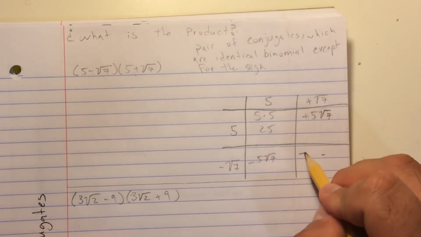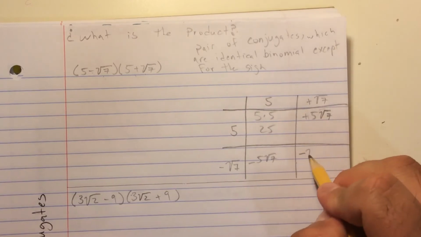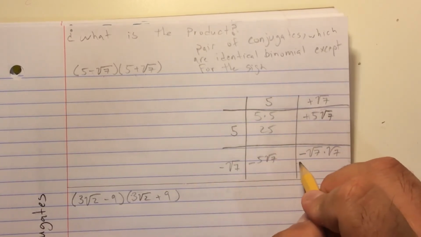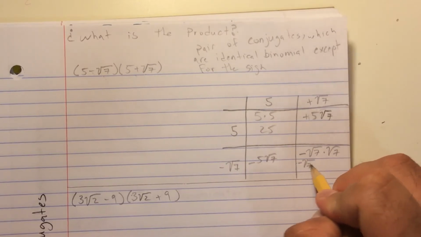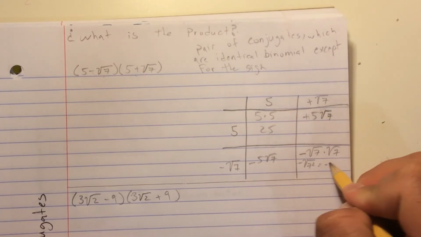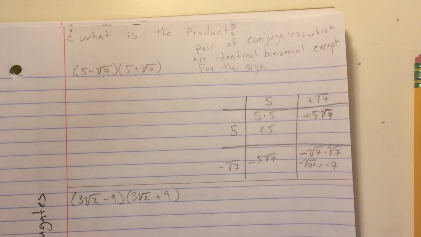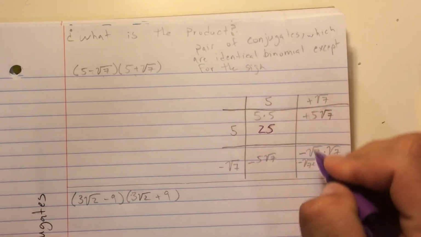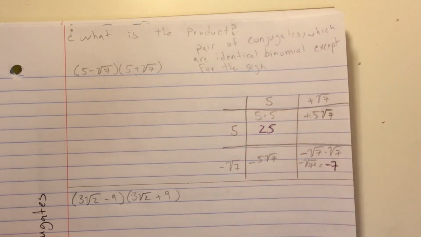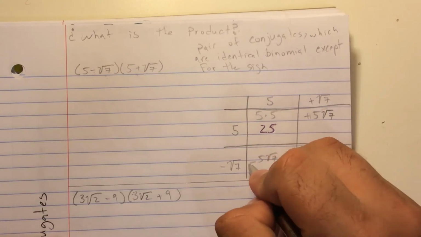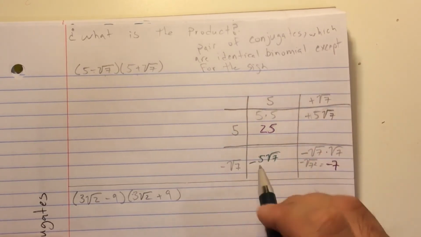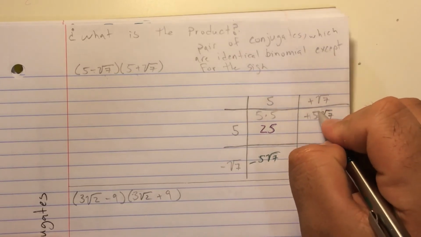And then we have our negative square root 7 times our square root 7, which ends up being a negative square root 7 squared, which is going to equal negative 7. So we'll go ahead and I think I use this for my purple. So we have my 25 here, and then my negative 7. Got my wonderful greens, negative 5 times radical 7.